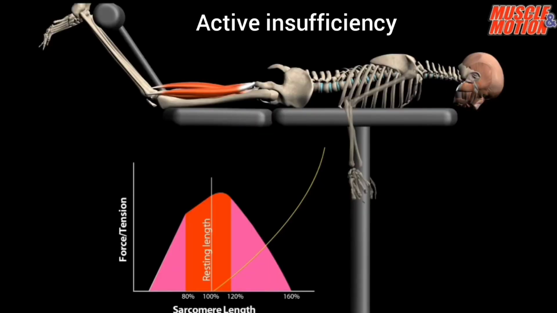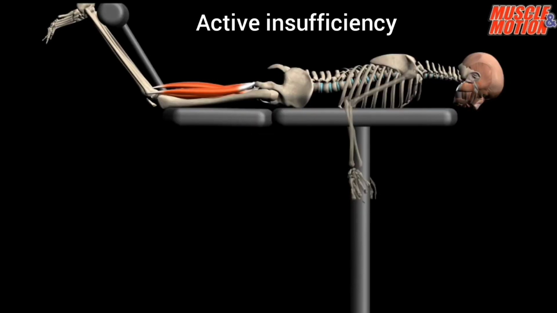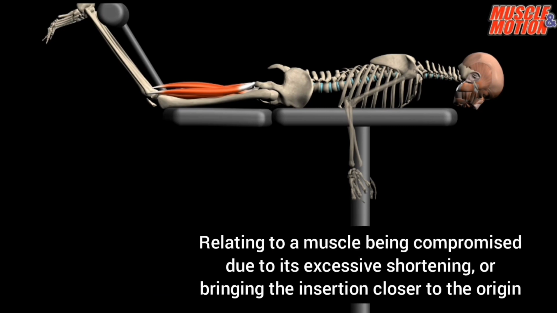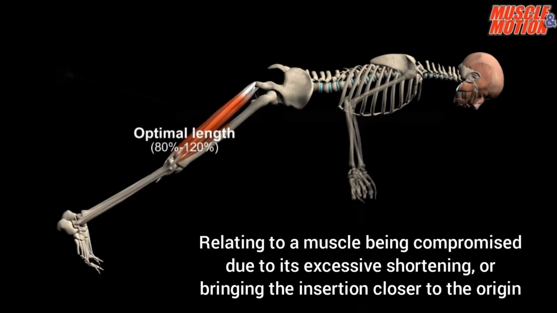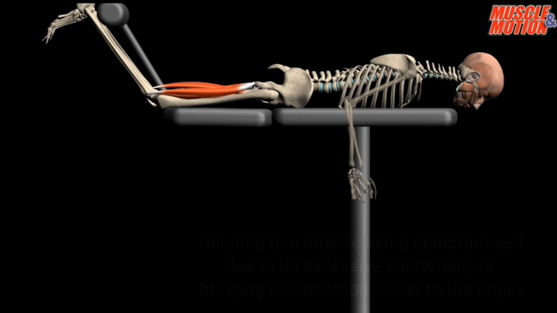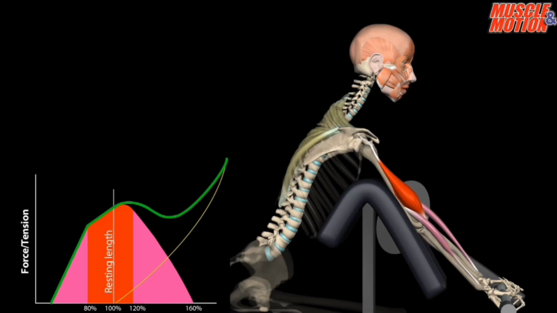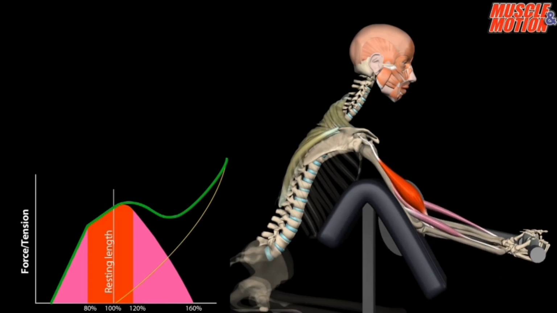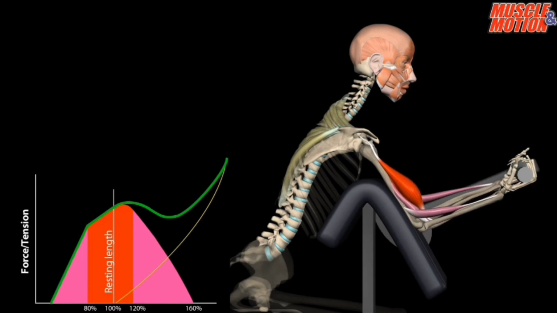Now, active insufficiency relates to the contraction of a muscle that is compromised by its excessive shortening. This is caused by bringing its insertion too close to its origin. And again, this type of interference typically occurs in muscles that cross two joints. So again, the preacher curl for the biceps as well as the flat hamstring curl are good examples.